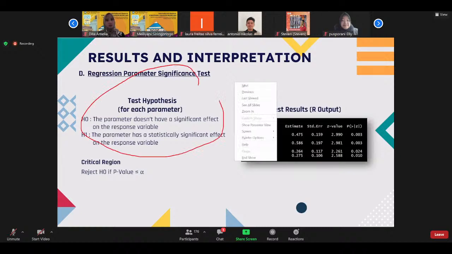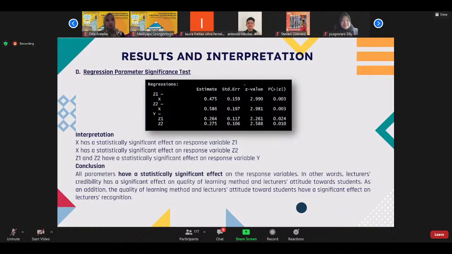And then the next one is interpretation based on the regression parameter significance test. Okay, the interpretation: X has a statistically significant effect on response variable Z1, because the p-value is less than 5%.